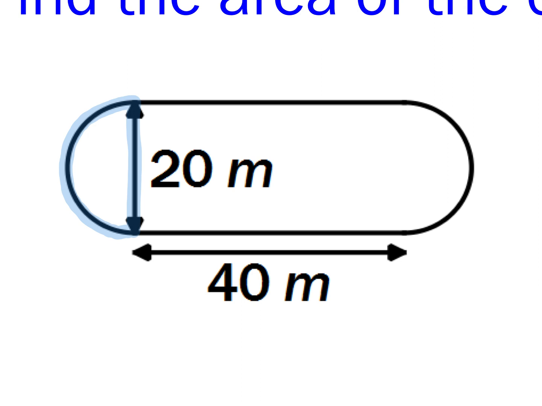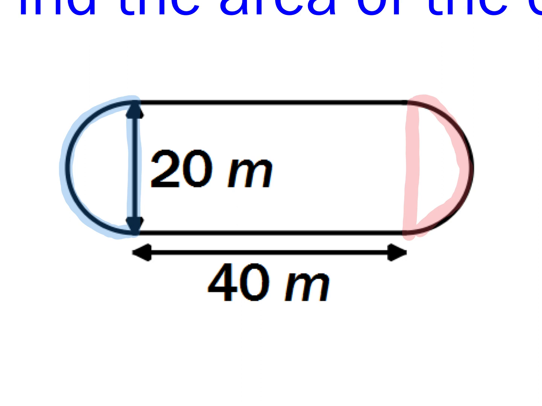But there's another one. And if we're talking about area, if you have two half circles and you put them together, what do you got? You got a full circle.